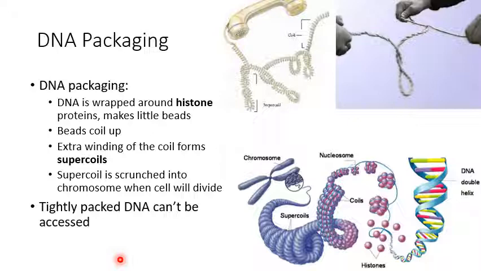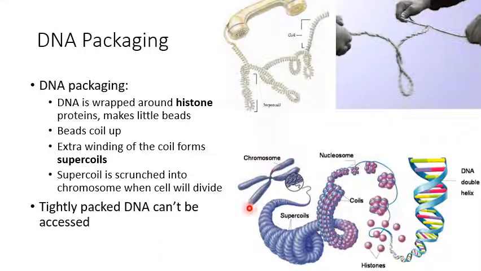Under normal circumstances, you stop there once you get the supercoil formed. So most of the DNA that's inside of your nucleus is going to be at most packaged as a supercoil. But then if a cell is going to divide, it's going to need to pack its DNA even more, and it's going to really densely wind that supercoil up and attach it to a protein framework, and that forms a chromosome that has the shape that we're used to seeing.